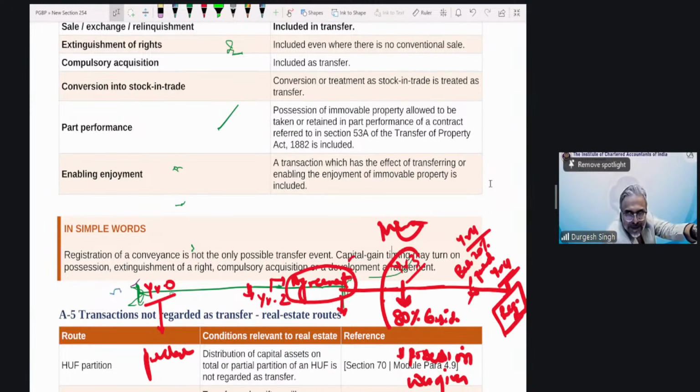In the general deduction section 34, earlier it was 37, now it is 34, general deduction, they are not saying that the expenditure should be a revenue expenditure. What they are saying is that it should not be a capital expenditure. That is it. You have to only prove that it is not a capital expenditure.